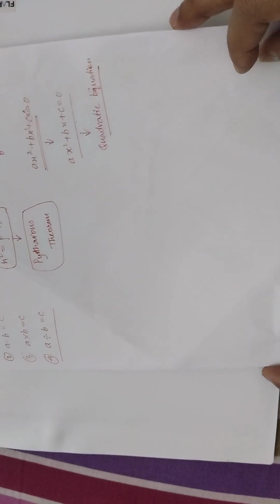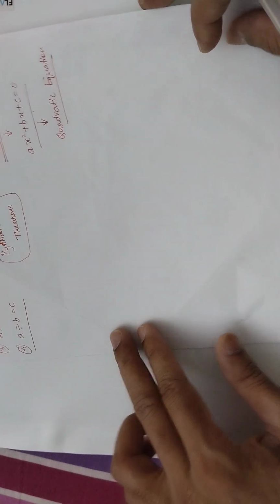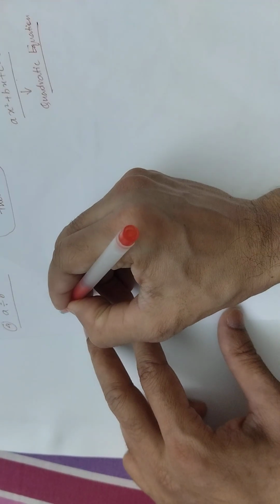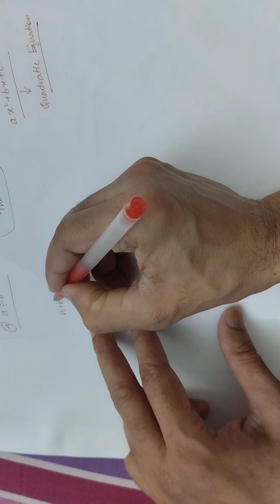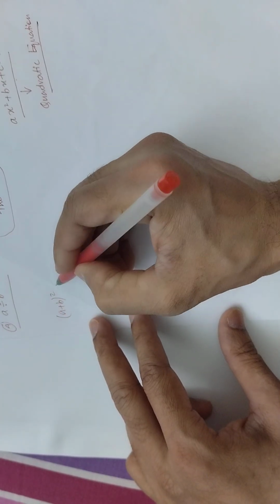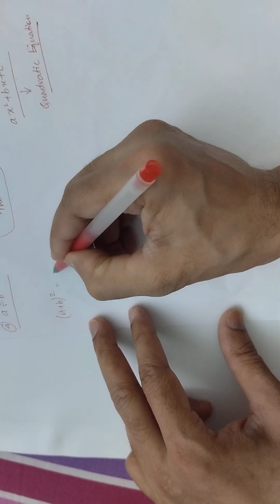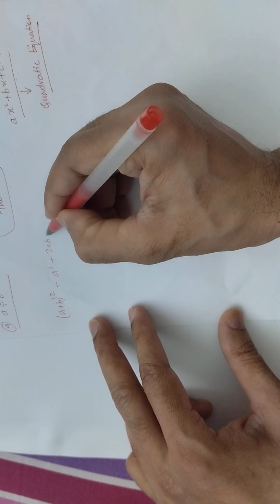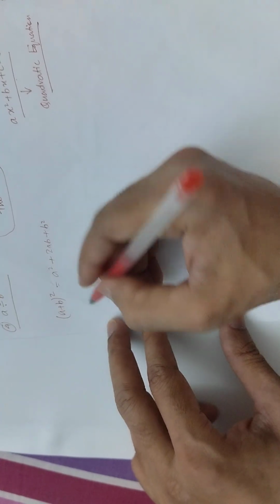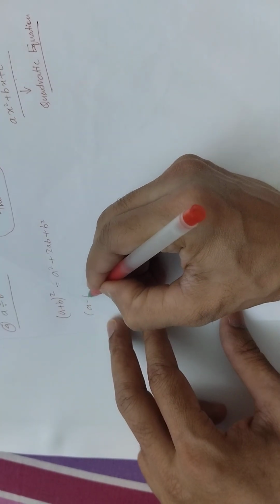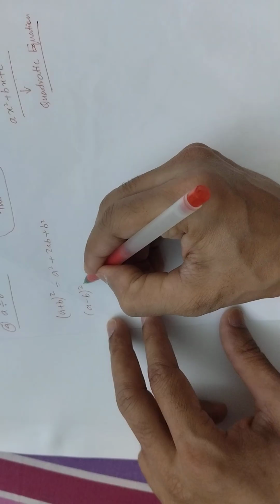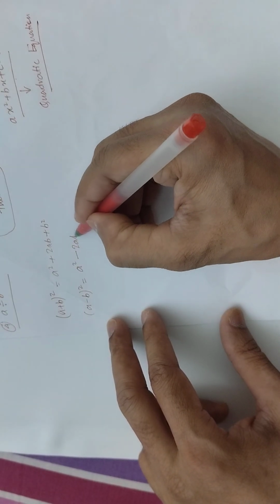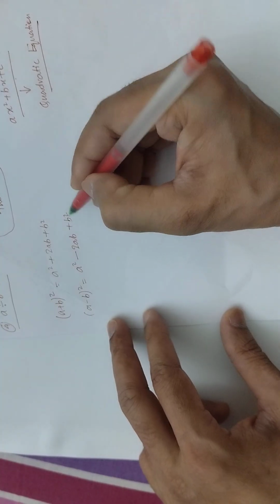So I would like to discuss a few popular equations. (a plus b) whole square, which can be written as a square plus twice ab plus b square. (a minus b) whole square is a square minus twice ab plus b square.